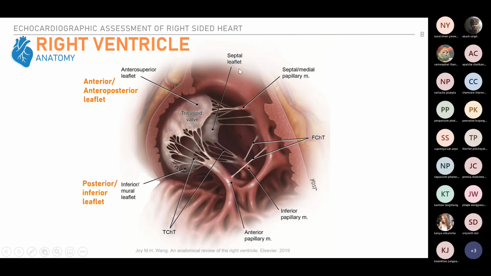And the septal papillary muscle gives chordal support to the septal leaflet. And you will see a moderator band here, attached from the RV free wall to the interventricular septum, and it may attach to the anterior papillary muscle.